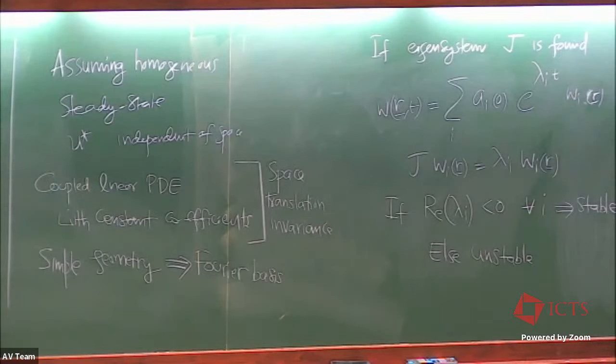But if this is not satisfied, that is, at least there are one or more than one eigenvalues which have a real part positive, then the system is unstable. Okay, so let's illustrate this abstract procedure for the Ginzburg-Landau.